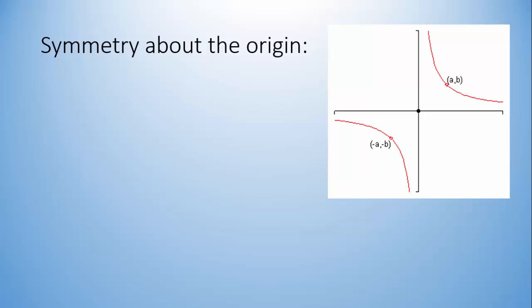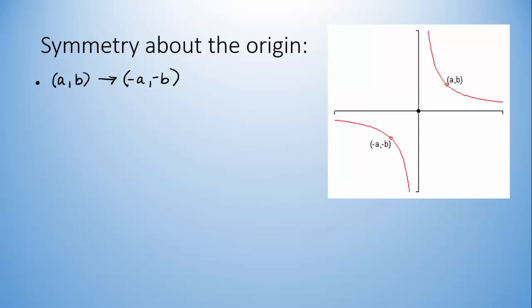But let's look at what happens with the points. In this case, if we have some point (a, b) on the graph, then there must also be a point (negative a, negative b), or rather opposite of a, opposite of b on the graph.